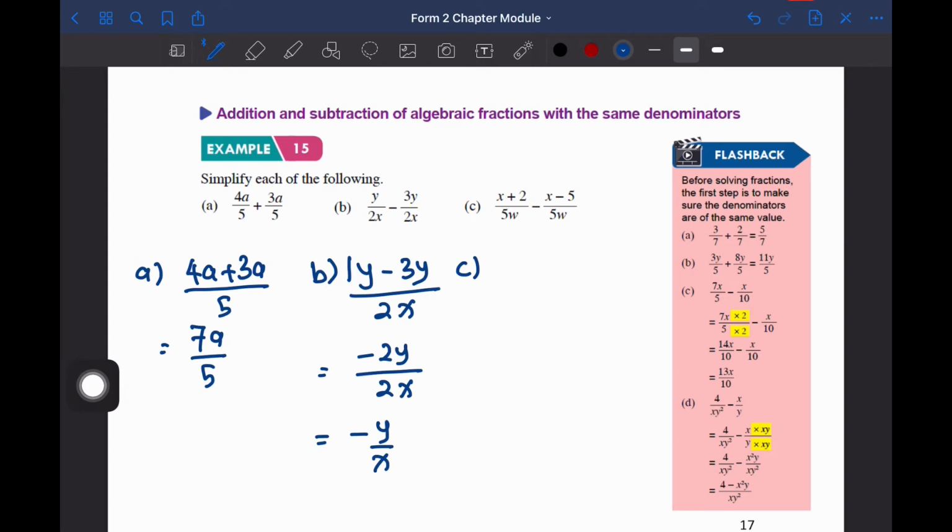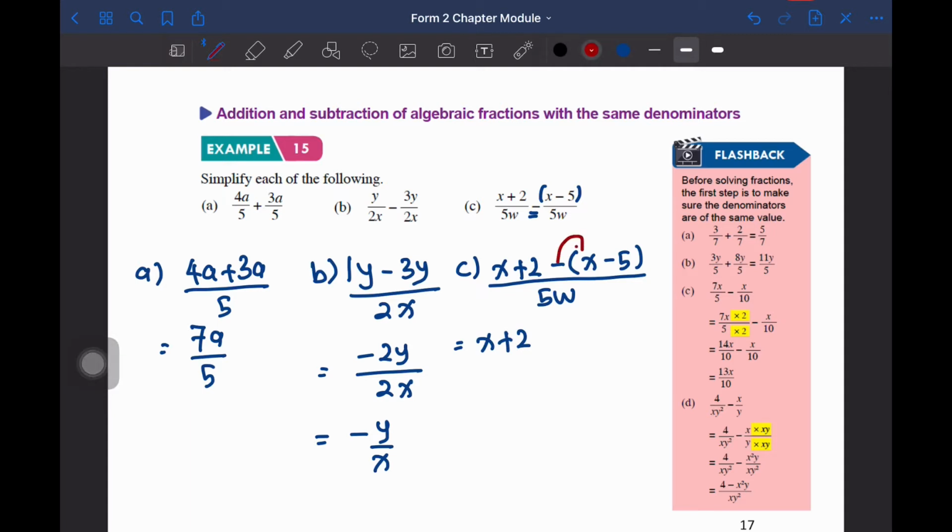So kalau ada tolak dan di sini ada 2 term macam ni, what we do is x plus 2 minus, put it in a bracket, x minus 5 over 5w. So this part you need to expand. So you will get x plus 2. Next, negatif kita darabkan dengan positif. Di sini negatif darab negatif.